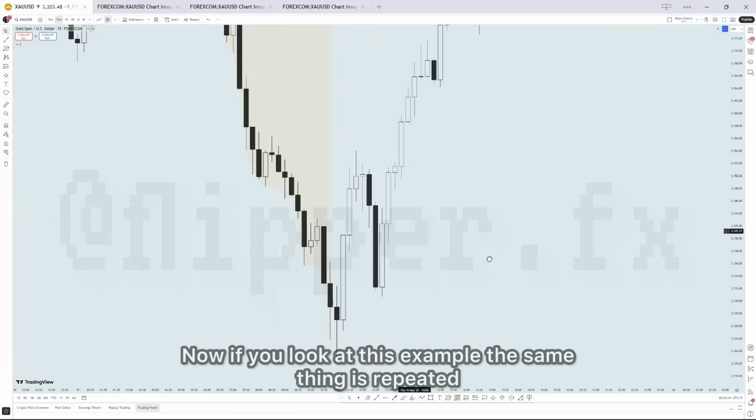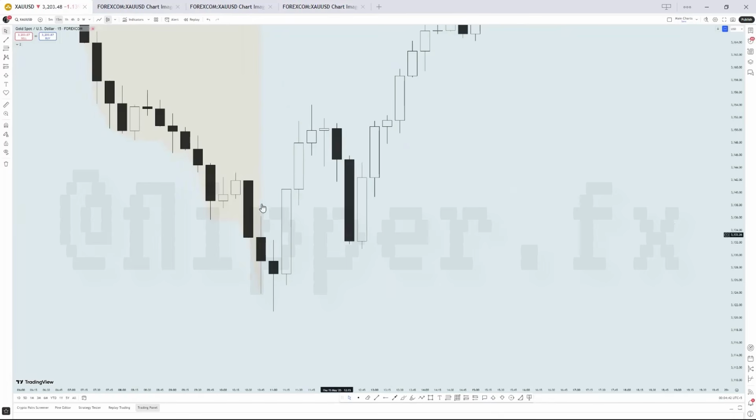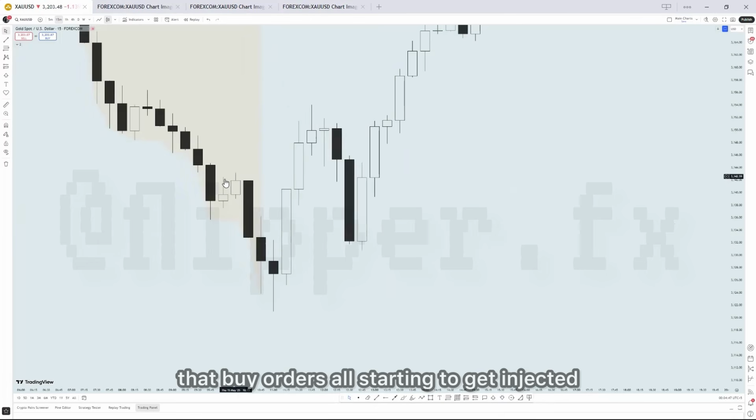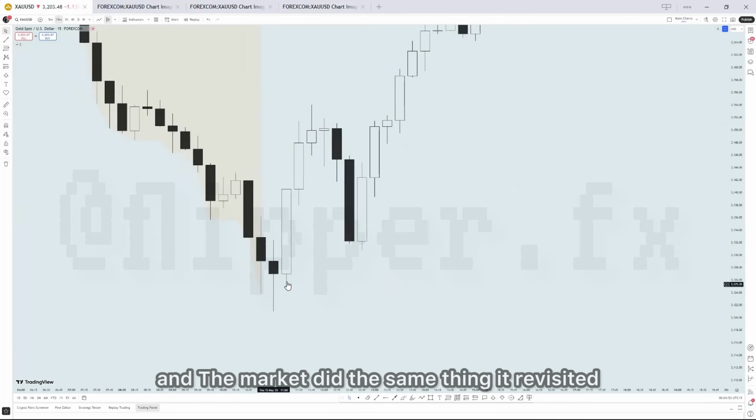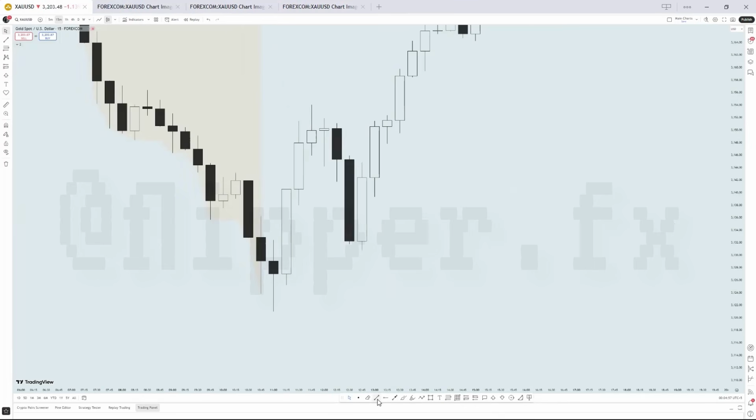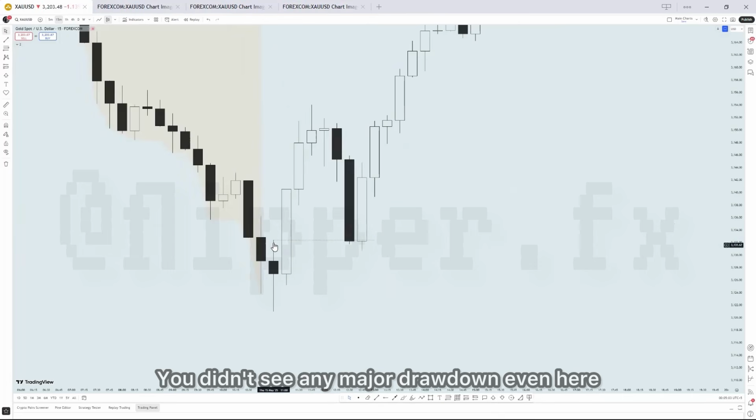Now, if you look at this example, the same thing is repeated. These wicks here show that buy orders are starting to get injected. And the market did the same thing. It revisited the area, and after that, you didn't see any major drawdown.